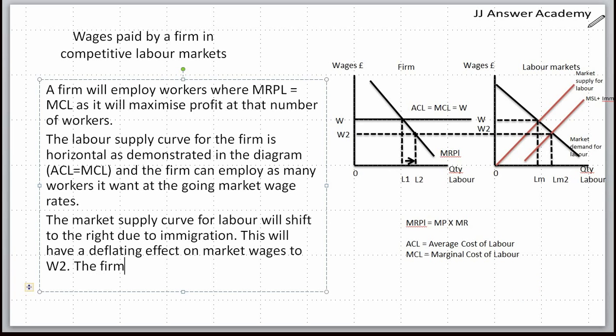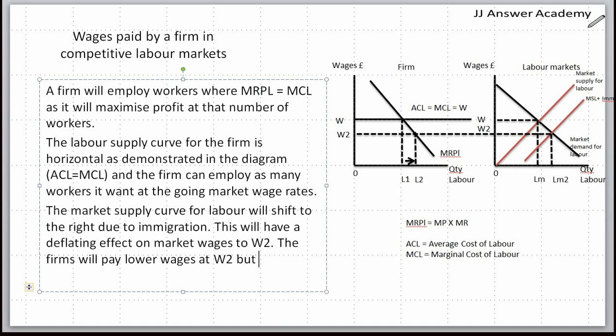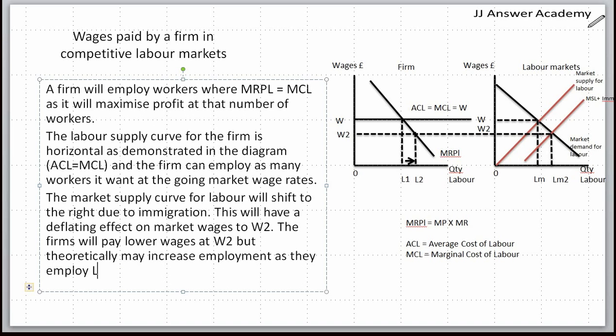The firms will pay lower wages at W2, and theoretically may increase employment as they employ L2 workers.